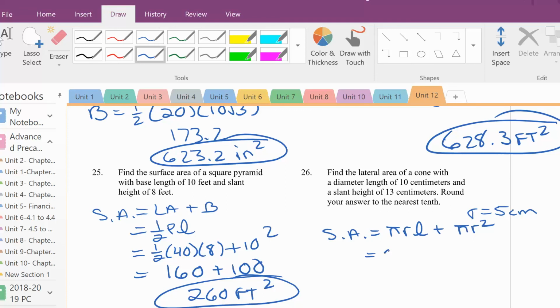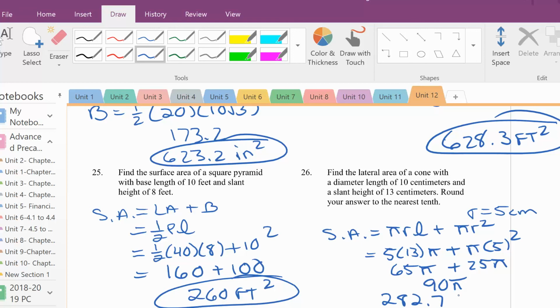So it's going to be 5 times 13 times pi plus pi times 5 squared. So 65 pi plus 25 pi. So it gives you 90 pi, which when you multiply that, gives you 282.7 square centimeters.